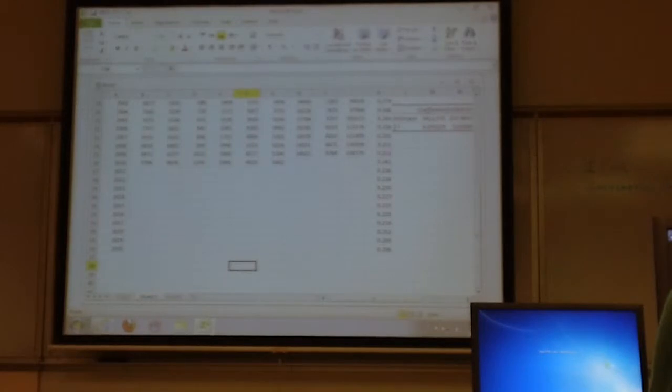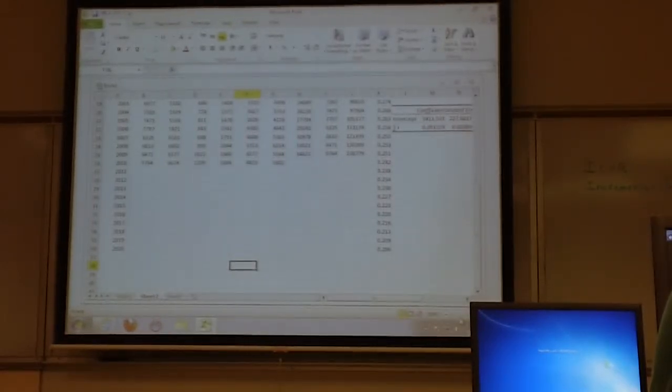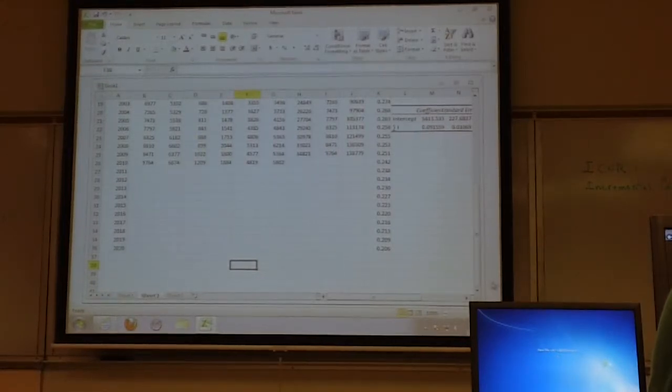So, we're making a projection of this country's GDP using the Harrod-Domar model. But we have to make some assumptions. And this is our assumption.